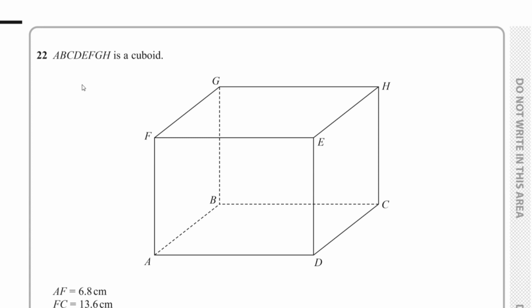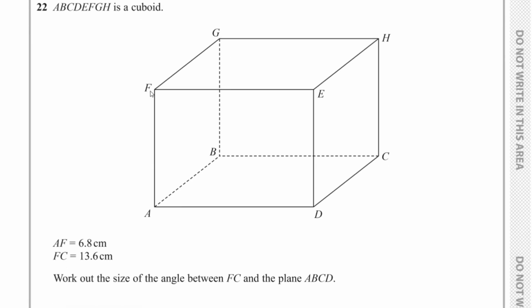Question 22. ABCDEFGH is a cuboid. AF is 6.8 and FC is 13.6. We have to work out the size of the angle between FC and the plane ABCD. First of all, we have AF, which is this line here, equaling 6.8 centimeters.